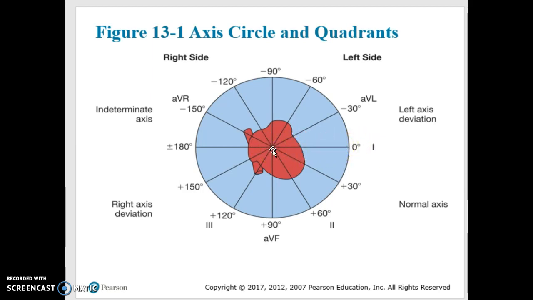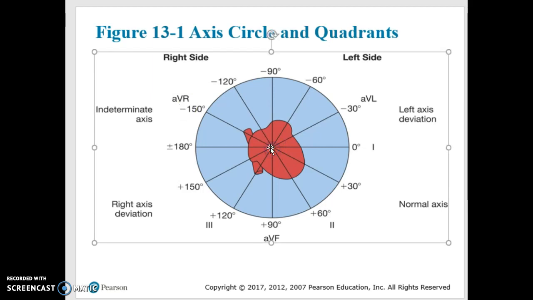When we're looking at AVF, I don't start from the center. I start from either this side or this side. So in the AVF, if I were told the AVF had a negative deflection, I would start from the top and work down because that's negative. If I was told that the AVF were positive, I would start from the bottom and I would work up because that represents positive.